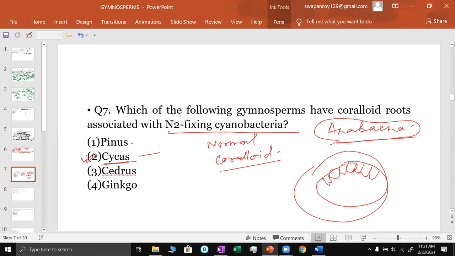They are elongated, and in these cells there is cyanobacteria. And for fixing nitrogen, this root grows above the ground, not inside the soil, because they have to take the nitrogen from the air.